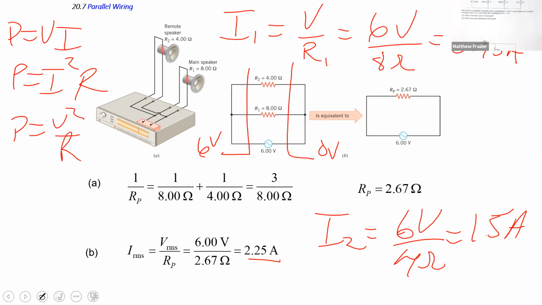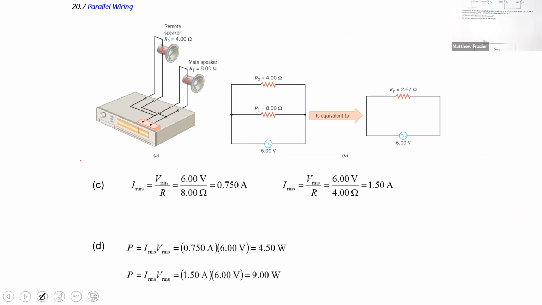I don't remember what the slides used, so I'm just going to go for it. They used the current and the voltage. And when you calculate that out, the 8 ohm resistor uses 4.5 watts, and the 4 ohm resistor uses 9 watts, which means you have a total of 13.5.